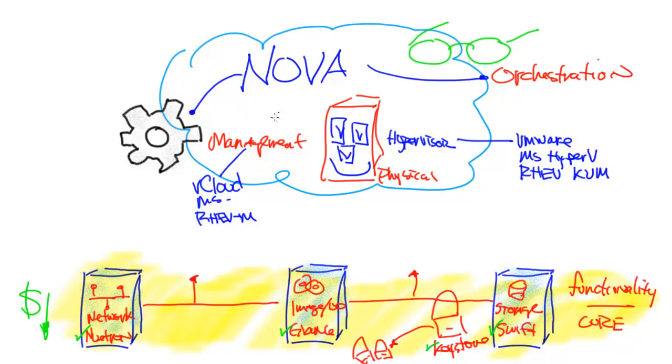But Nova primarily is your manager of the environment. And what am I talking about managing? In order to be a manager of the environment, just like vCloud and just like RHEV-M, we're managing the KVM or VMware. We're managing the virtual machines. We're managing the hypervisor itself.